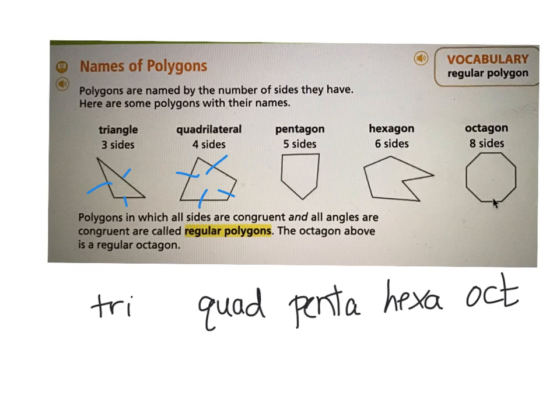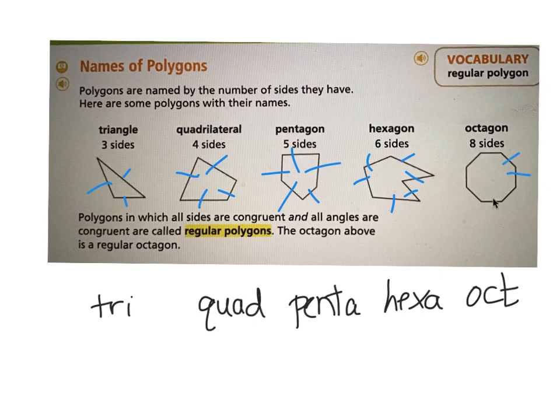Pentagon, penta, means 5 sides. We know the United States military center is a pentagon because the building is in the shape of a pentagon, 5 sides. So 1, 2, 3, 4, 5. A hexagon: 1, 2, 3, 4, 5, 6. And an octagon. You know octagon with octopus.